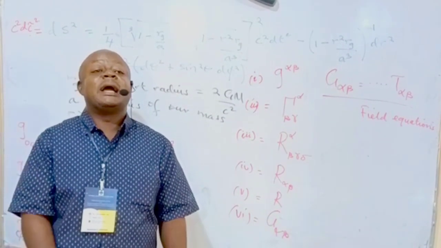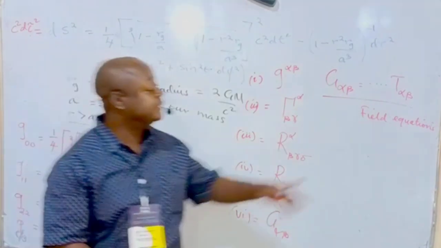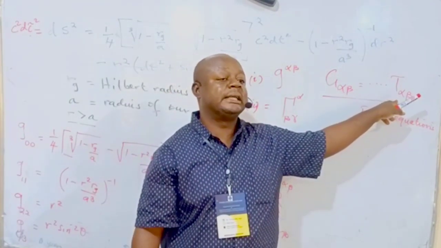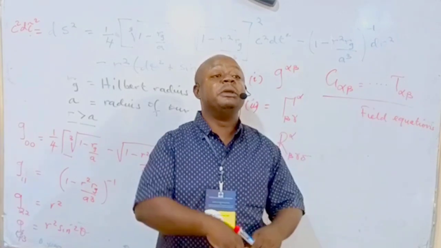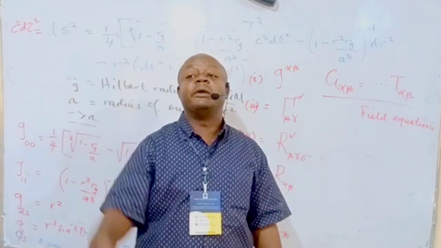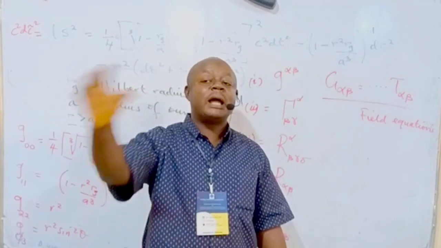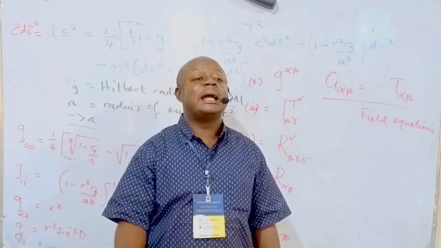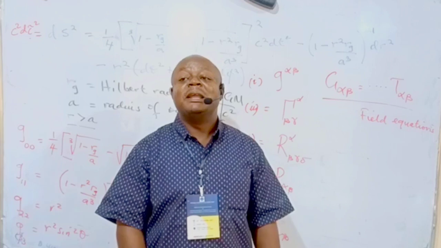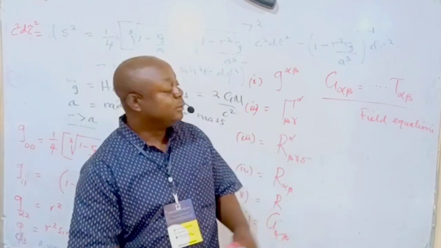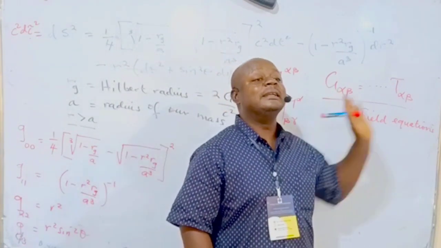Another thing is, because this stress tensor has many definitions depending on the medium in which you are working, you can have a perfect fluid, you can have other types of media. But the easiest problem is when you place your star in empty space.